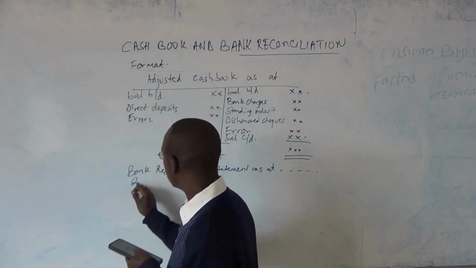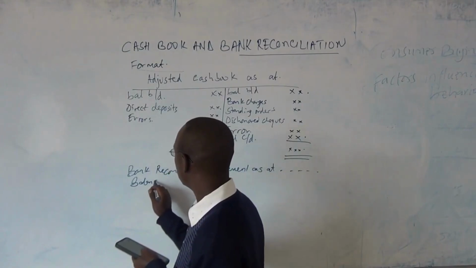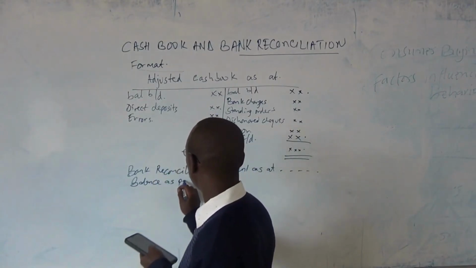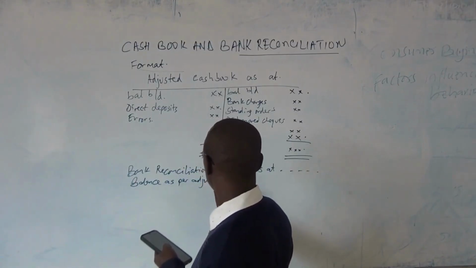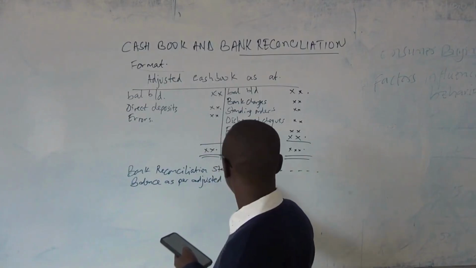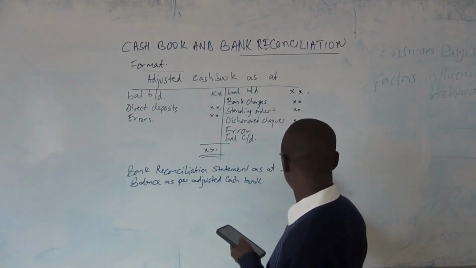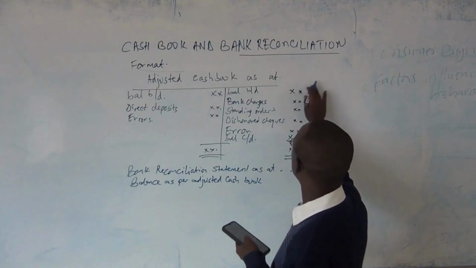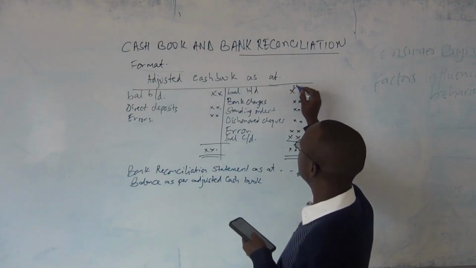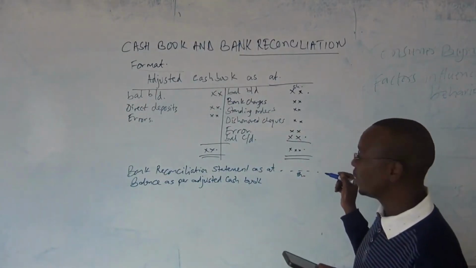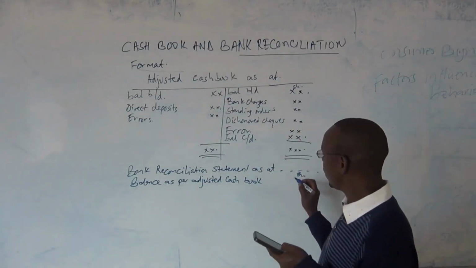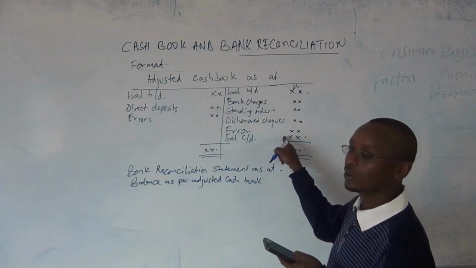So you start with it here. Balance as per adjusted cash book. Here the figures are in shillings. Usisahau kuweka in shillings. Hizi mistake, they penalize. And your marks inapata there. So our adjusted cash book balance is this one.